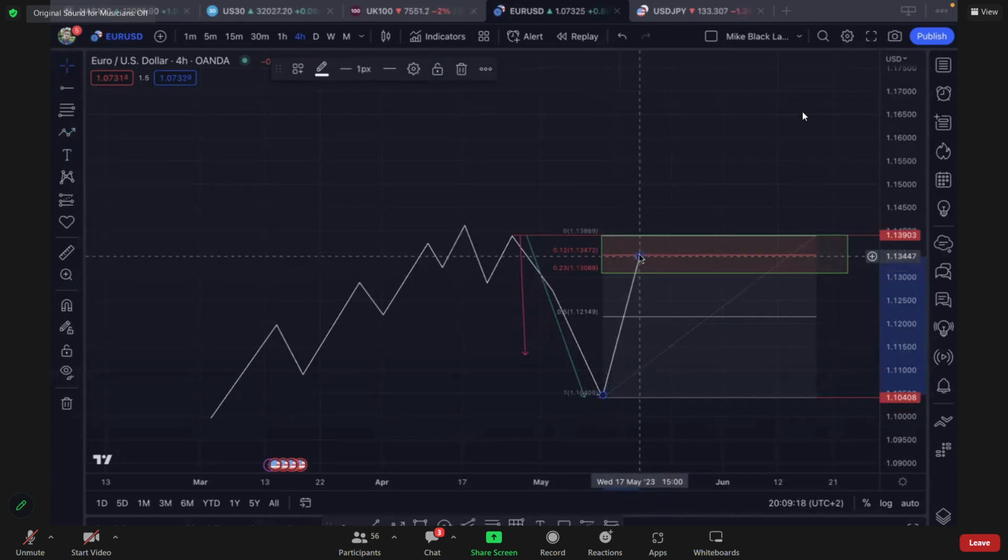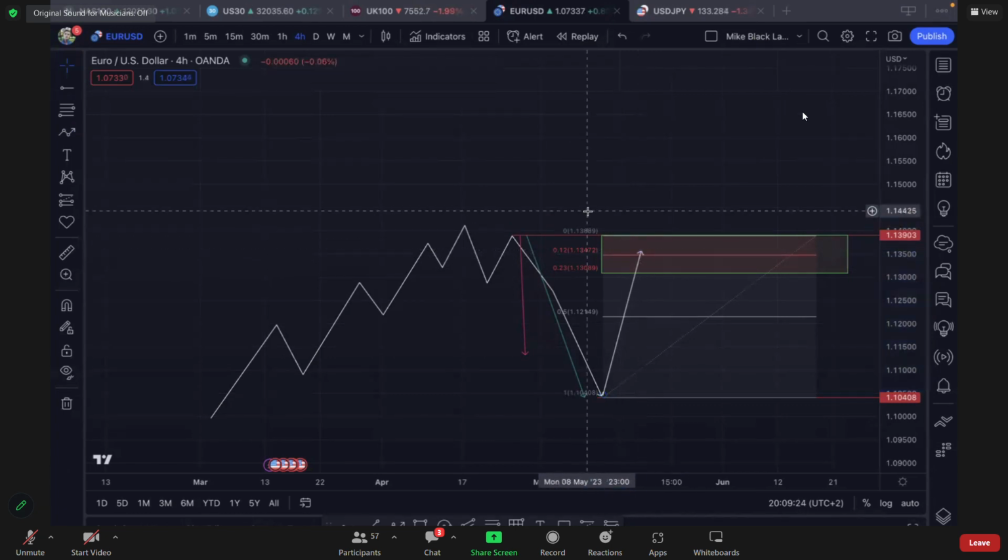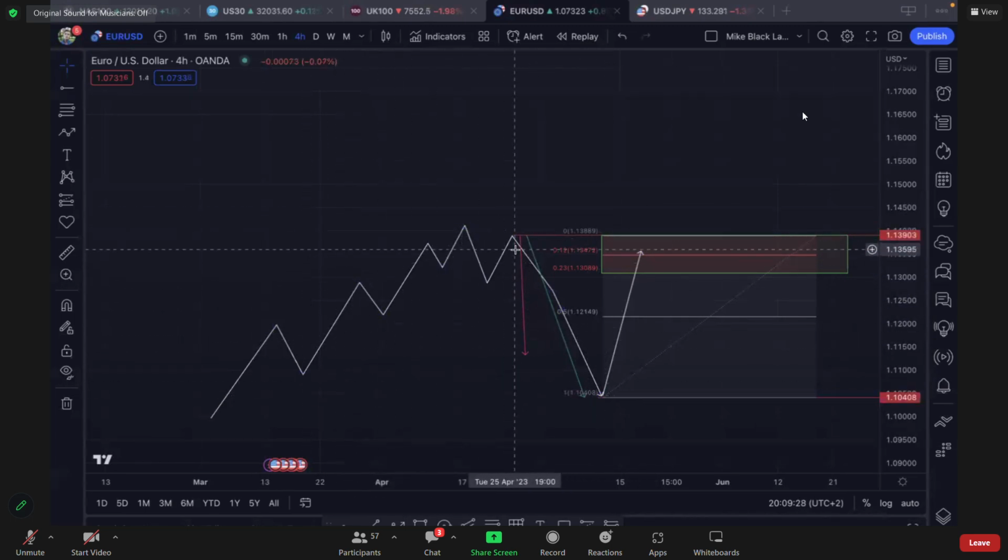Okay. But again, this is not black and white. Like we can't always exactly predict where market is going, but this is what we've seen over the time. And what I've seen over the time is when we have a change of character, it doesn't matter where or what time frame it is, price will come back to Sasha zone, right?